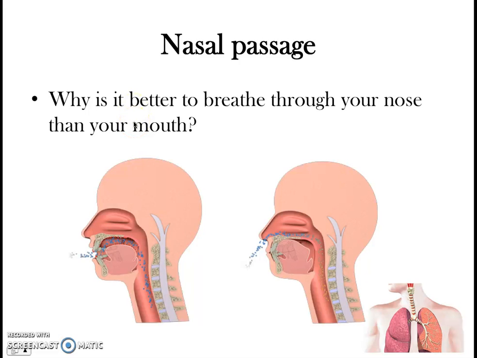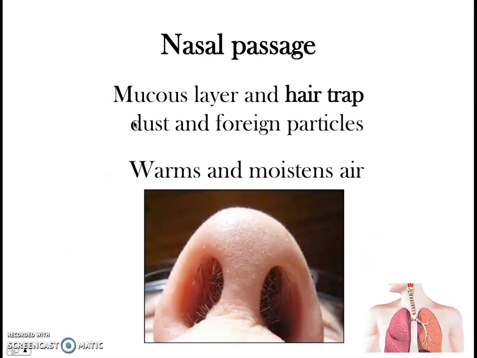The reason is that your nasal passages contain structures which your mouth does not contain. If you don't know what I mean, why don't you take a mirror and look up your nostrils and see what you can find there. You should see something that looks like this. Ta-da! Your nostrils. And what do you see? You notice that there is first nasal hair and sometimes mucus.